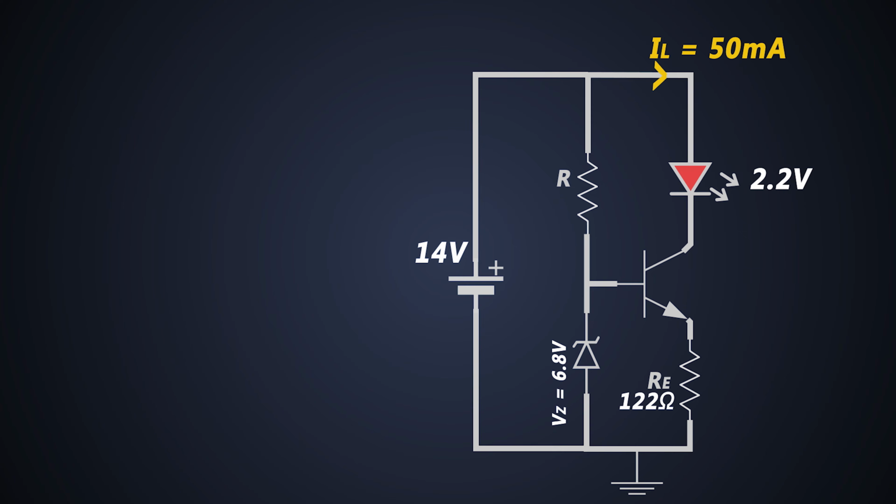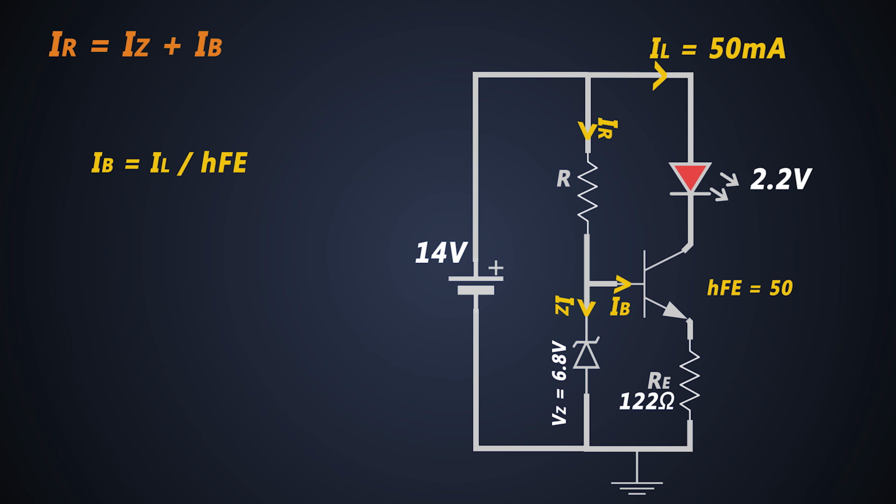Now we need to calculate the value of this R. The current flowing through this resistance will be the sum of Zener current and base current of the transistor. Let's consider the HFE of the transistor is around 50. So we can calculate the base current with this formula.